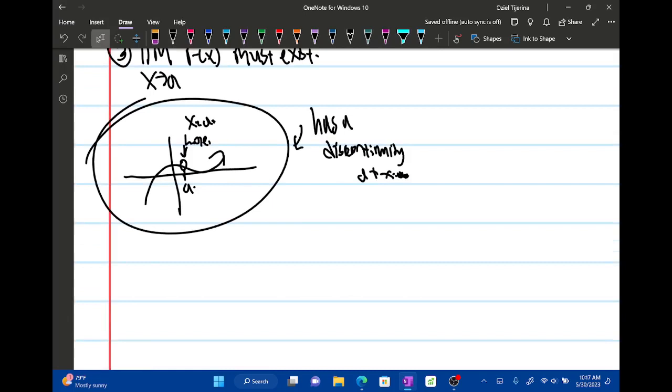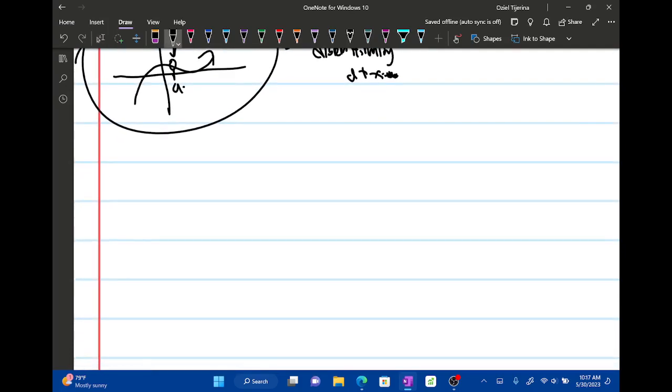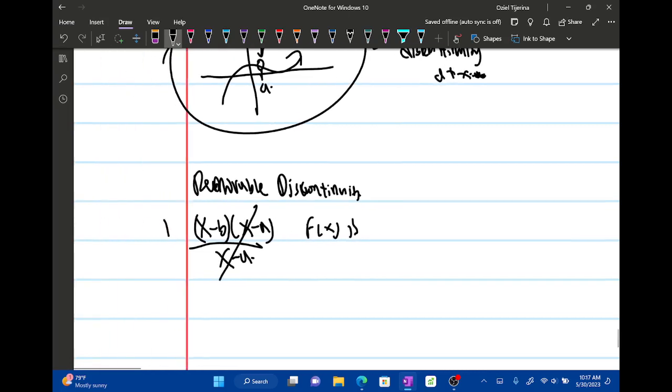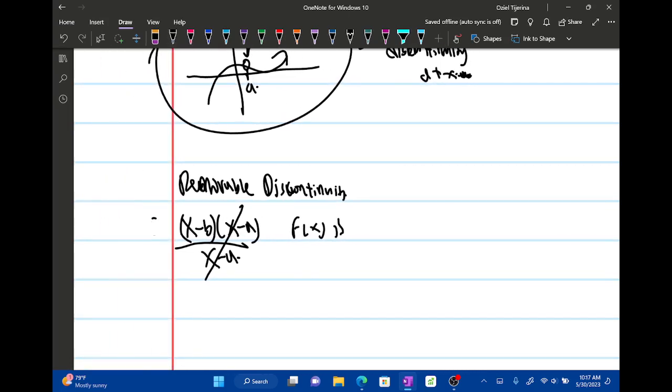And then another thing that we discussed was the idea of specific discontinuities. So there was the idea of removable discontinuity, and this is algebraic.